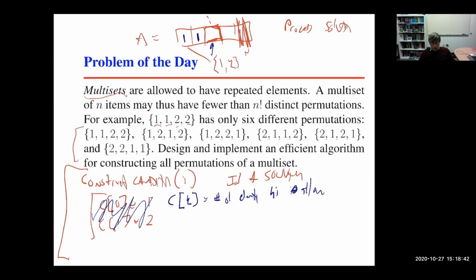So originally, C1 is equal to 2 and C2 is equal to 2. I'm allowed 2 1s and 2 2s.